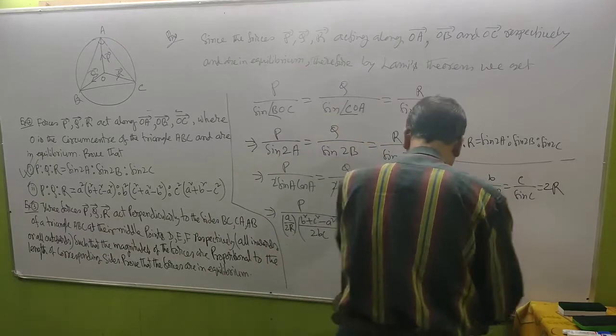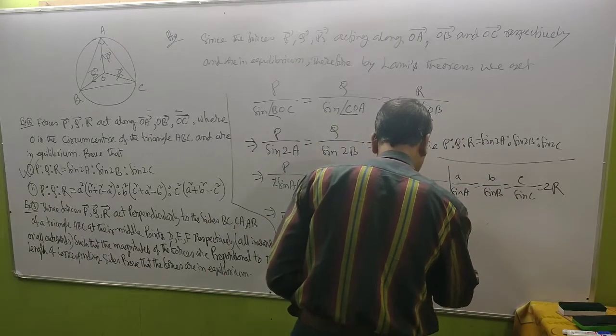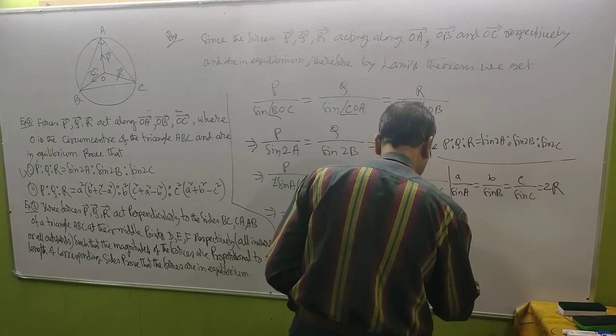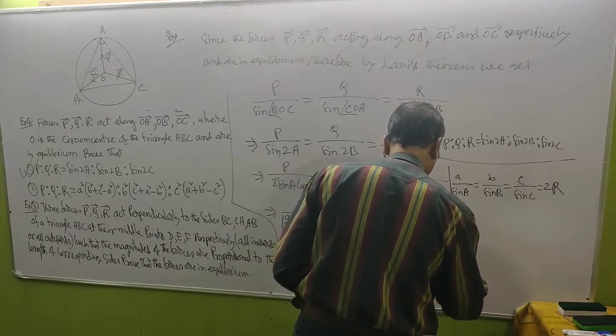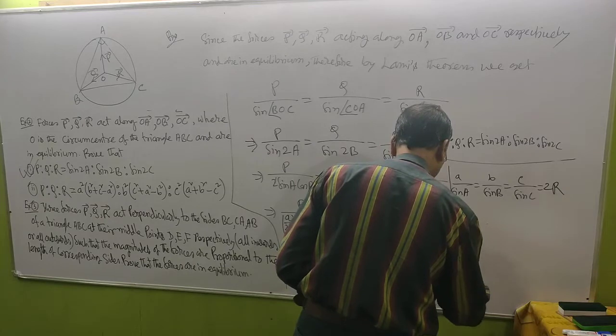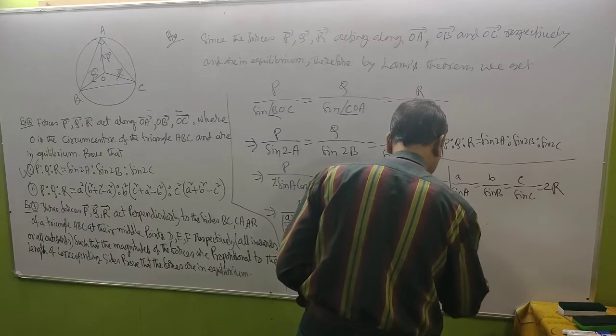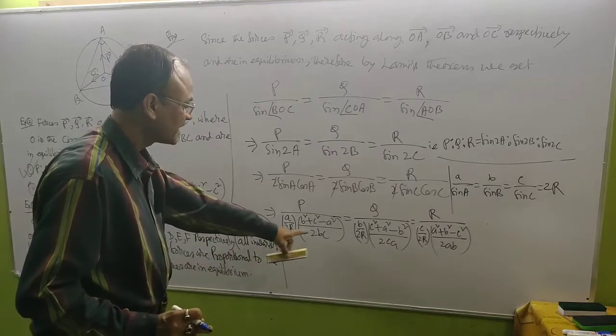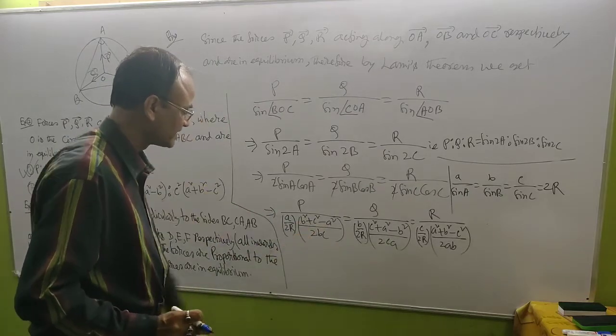Divided by twice c. This is equal to r divided by c by twice R. A square plus b square minus c square divided by twice a. Divided by twice a. You will get like this.